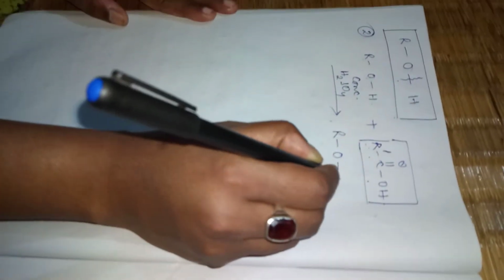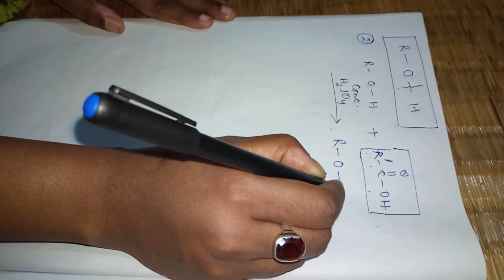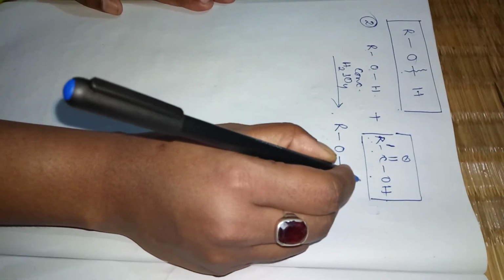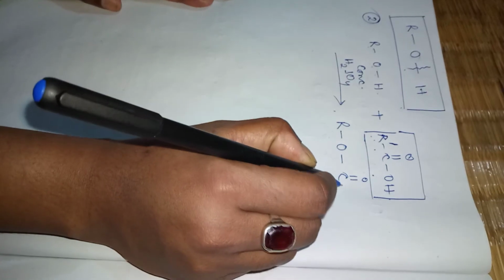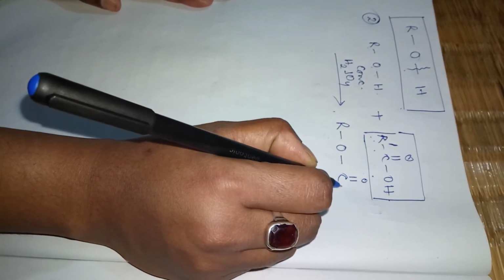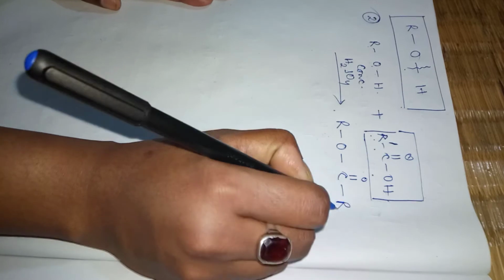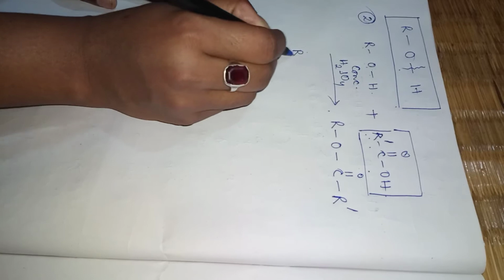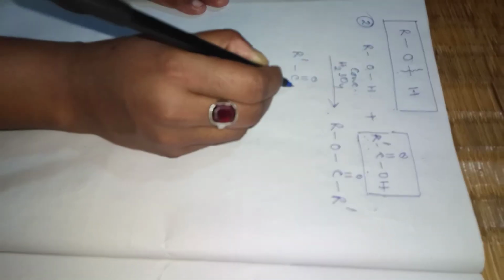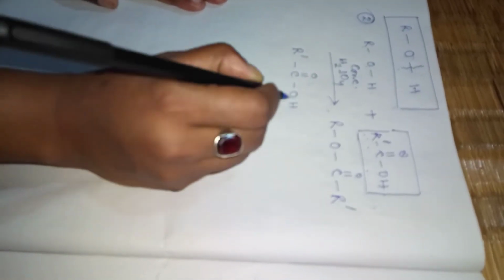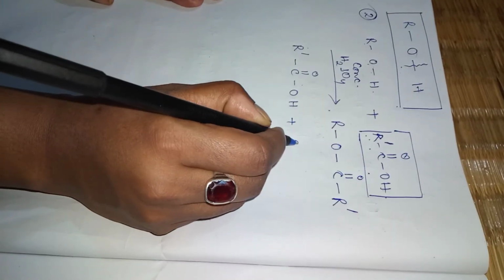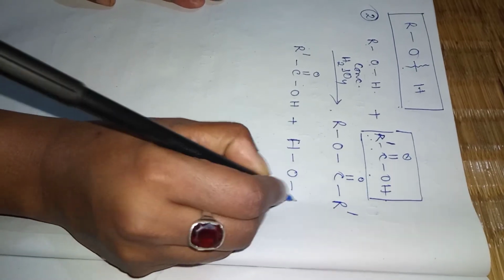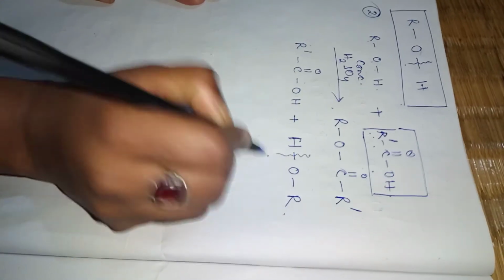R dash C double bond O, single bond OR, plus, if we write alcohol as HOR, then this bond we are breaking here.